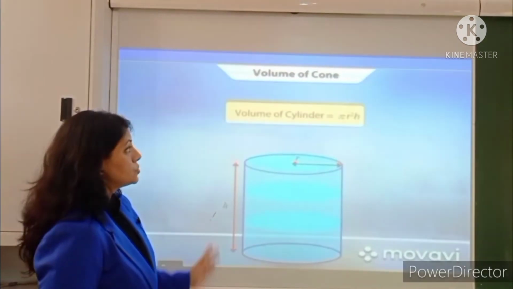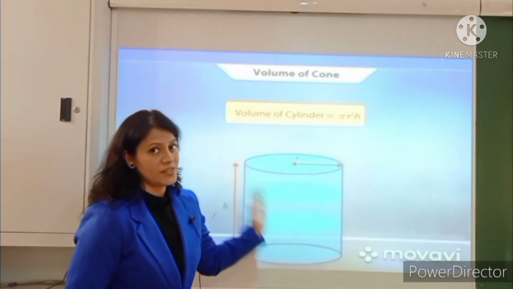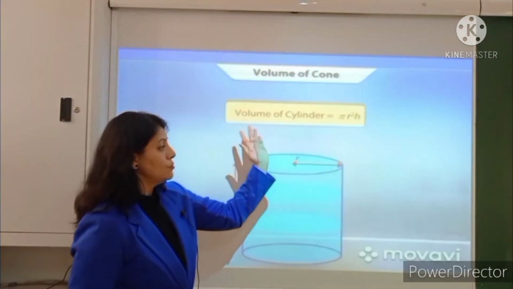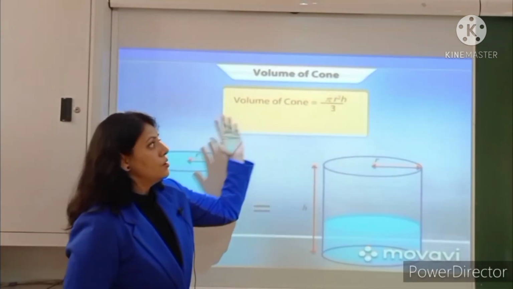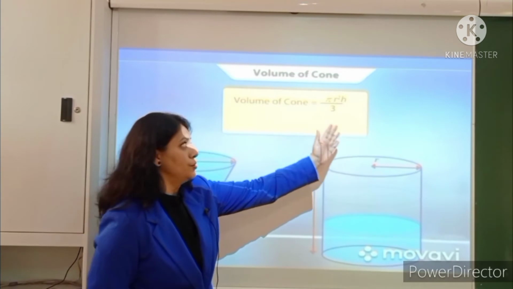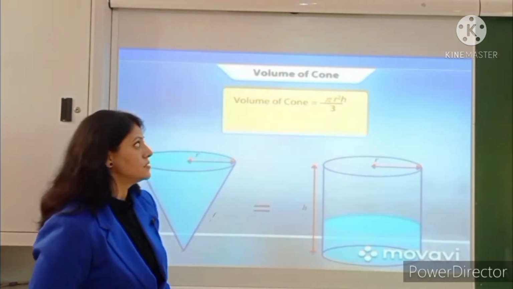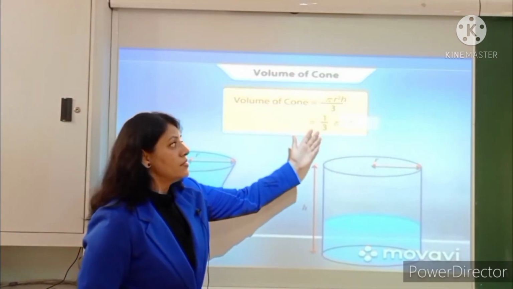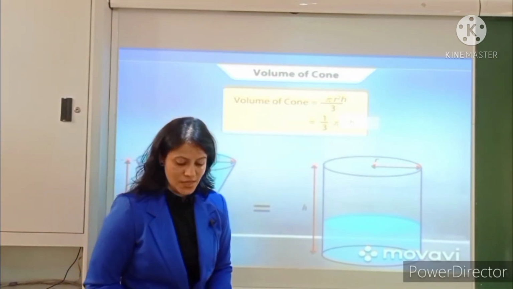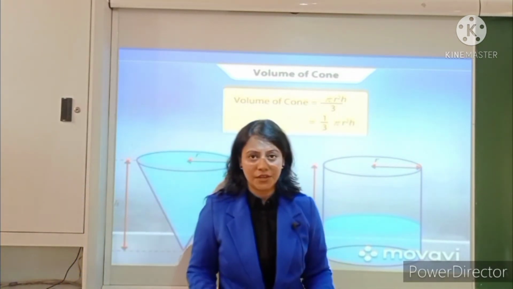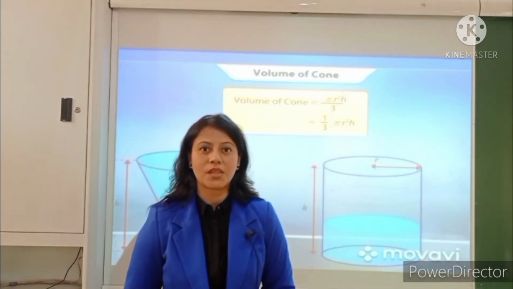Since it took 3 rounds for the cone to fill the cylinder, the volume of the cone will be 1/3 of the volume of the cylinder, that is 1/3 of pi r squared h.